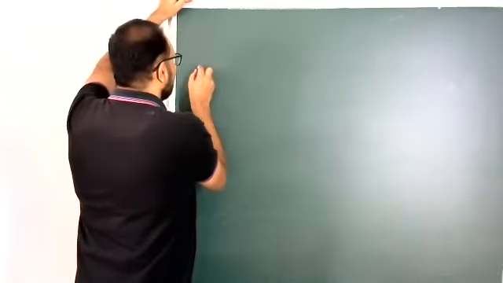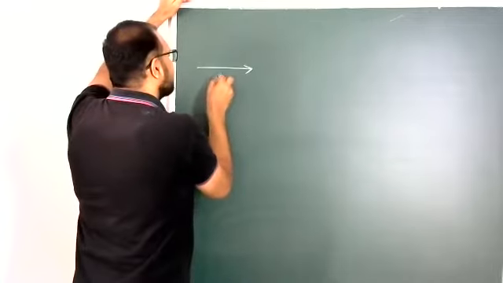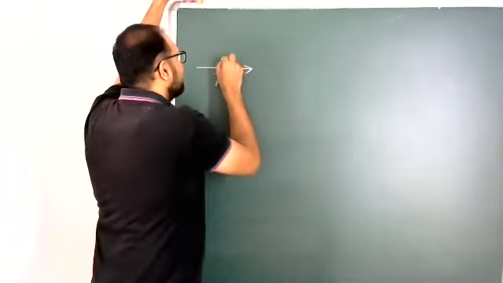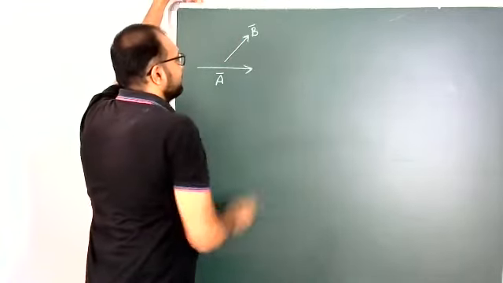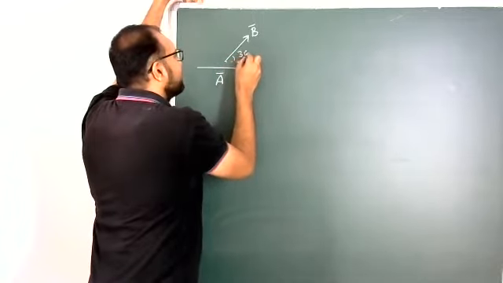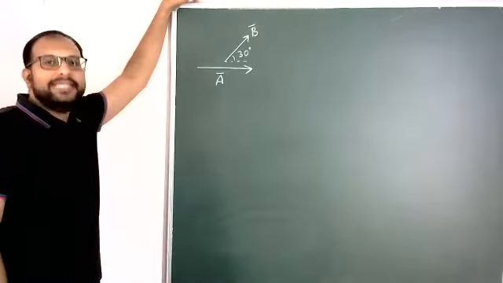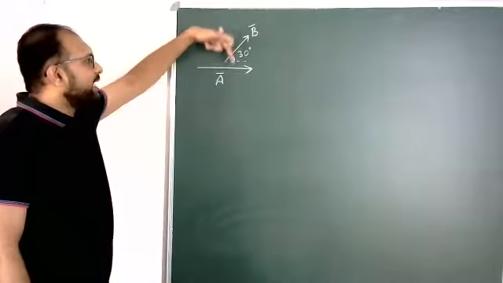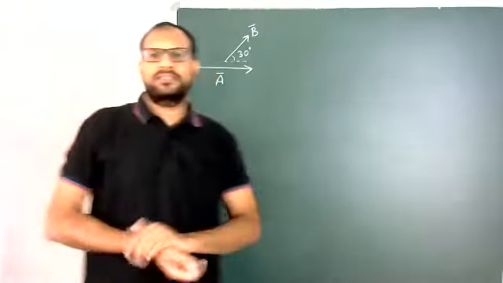Suppose this is vector A bar and this is vector B bar. Suppose this angle is 30 degrees. The angle between these two vectors, not only these two vectors, any two vectors.